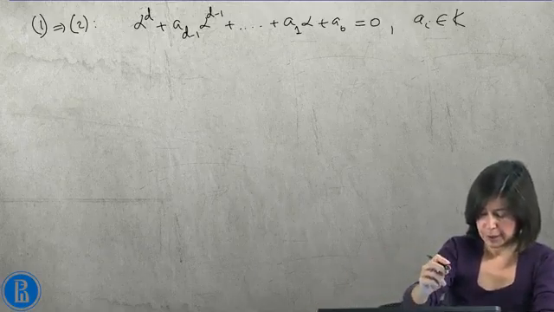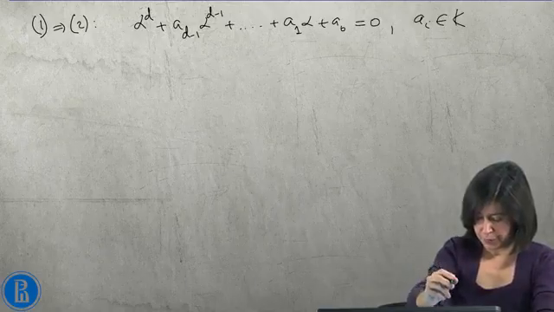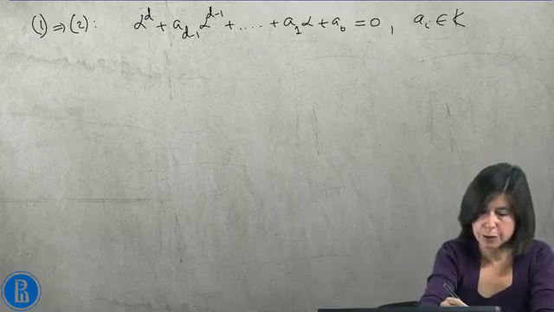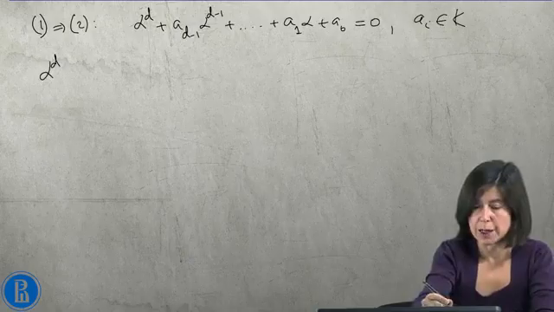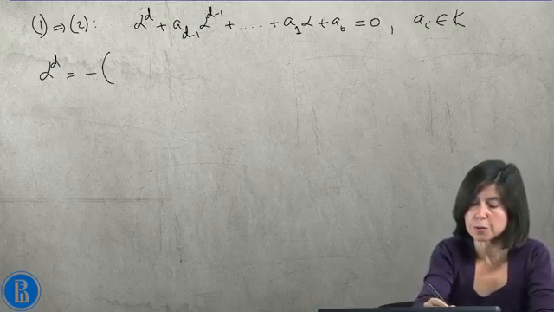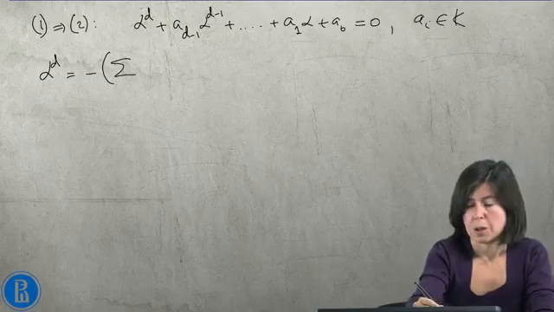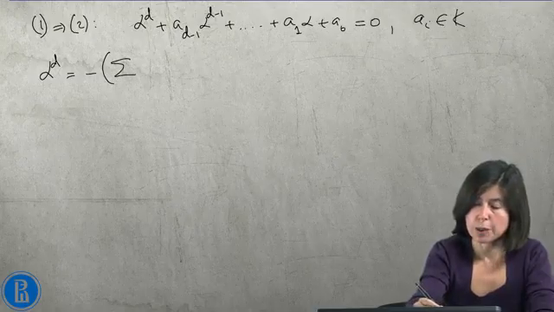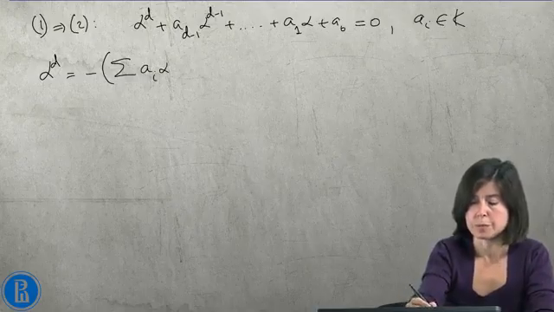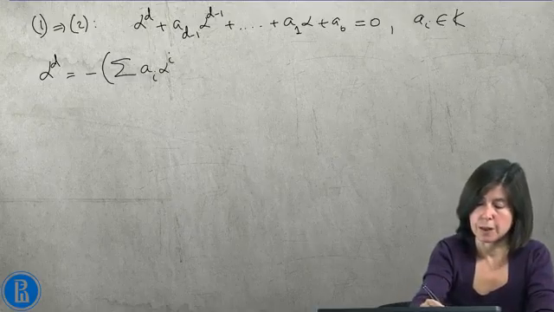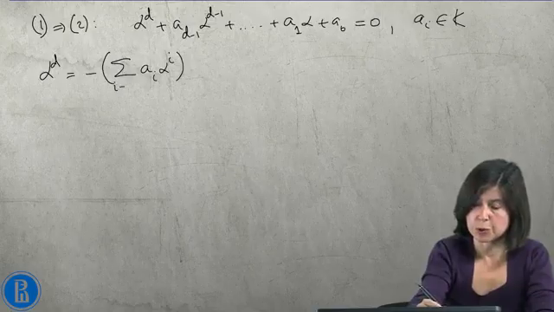So we see that alpha to the power of d is minus a linear combination, the sum of a_i alpha to the power i, where i is from 0 to d minus 1.